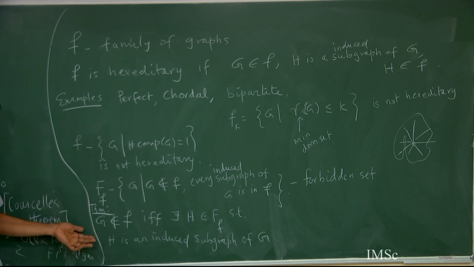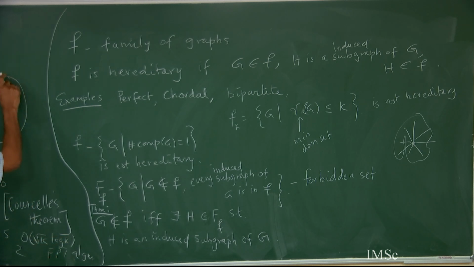Okay. So, here is my G, and there is some H sitting inside, which is in the forbidden set, which means it is not in the family. Then clearly G cannot be in the family, because F is a hereditary family. If G is in the family, every induced subgraph must be, so H should also be. Since H is not, G is not.